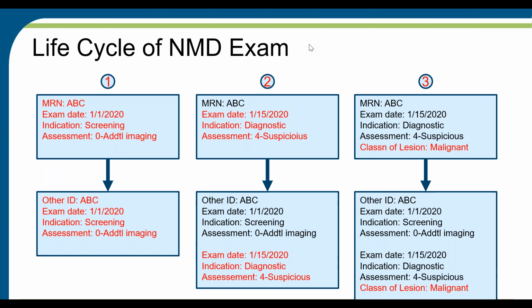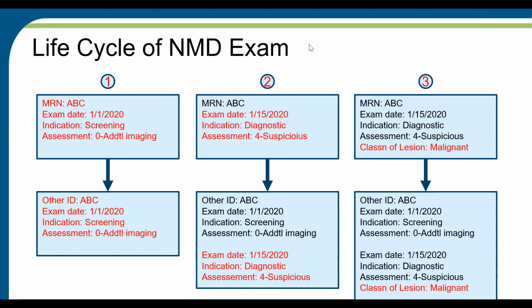The next time you generate a file, the screening exam will be included in the file. Let's suppose you decide to generate an NMD file at this point. You upload the file and check for any errors. Assuming there are none, the record for this exam now exists on the database. This is shown in the bottom box in step 1 on the slide.